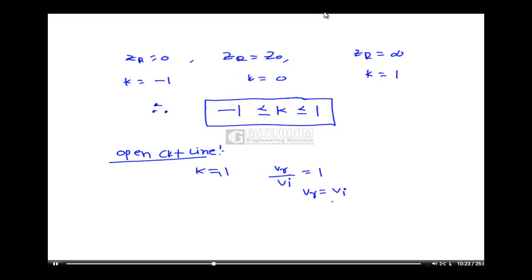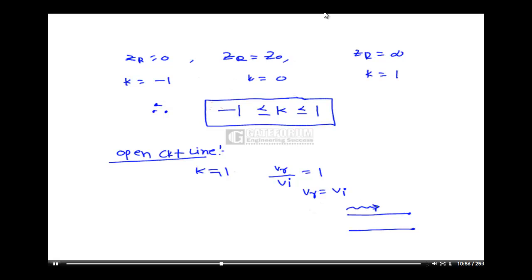Suppose for example the open circuit case. This is an open circuit line. I am transmitting some energy. Open circuit line means the current is 0. Generally, under open circuited condition, when the incident wave approaches the load end, the magnetic field collapses.